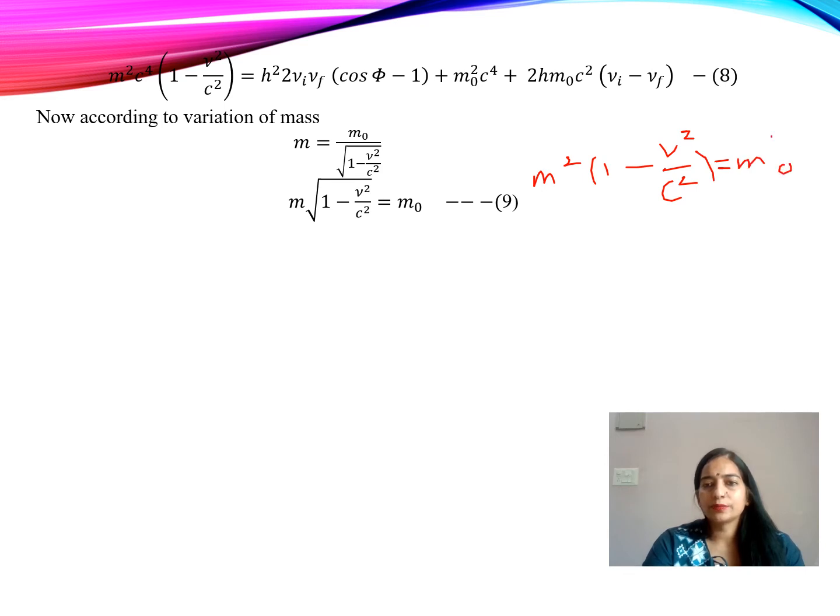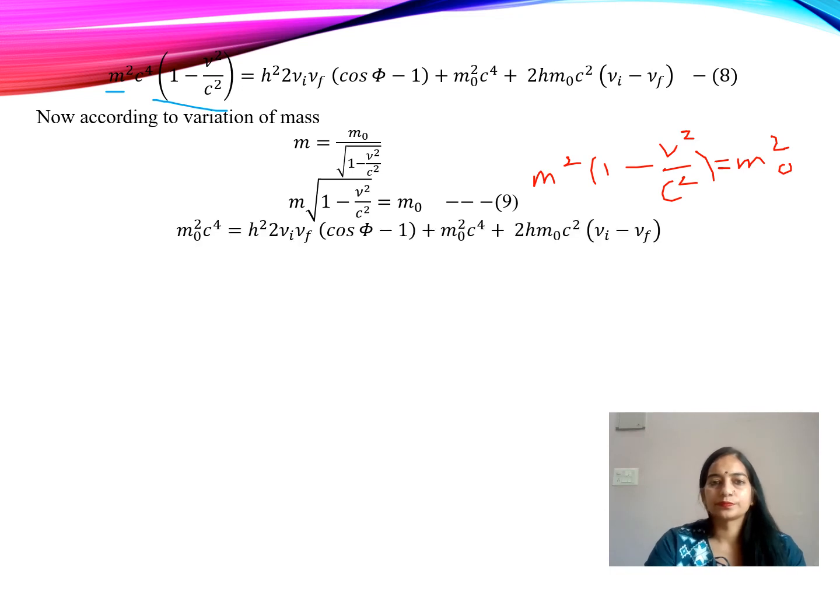So this term can be written as m naught c square, and this term becomes m naught square.